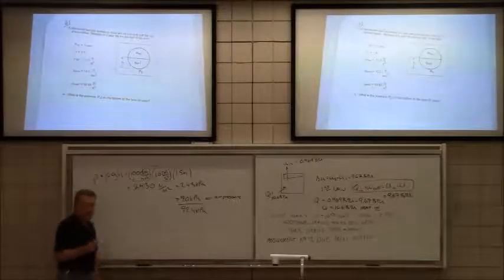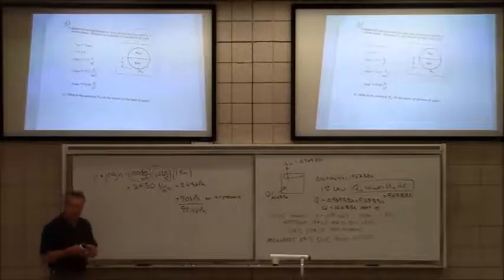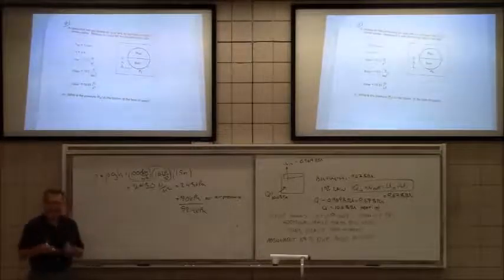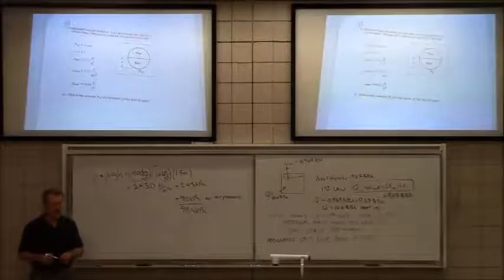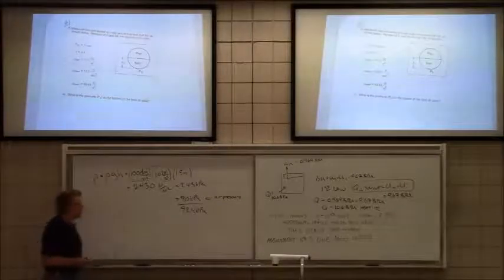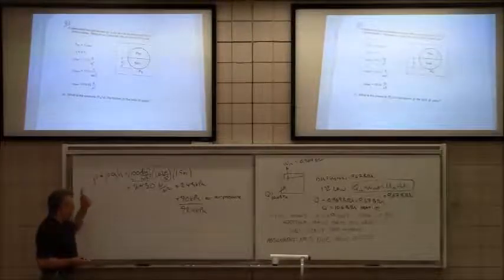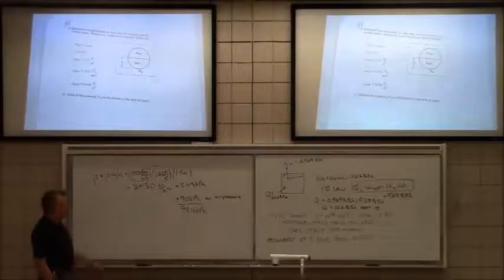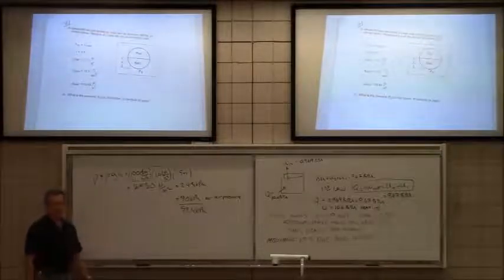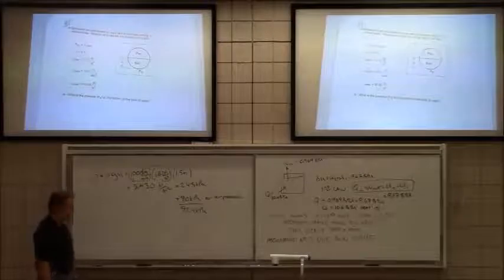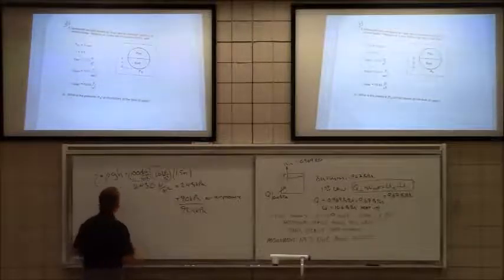And so we have to remember that the definition of a pound is based on the Earth's gravitational acceleration. So the best way to approach this problem is to convert the pounds to slugs. And if you convert the pounds to slugs, you can basically solve the problem the same way. Okay?